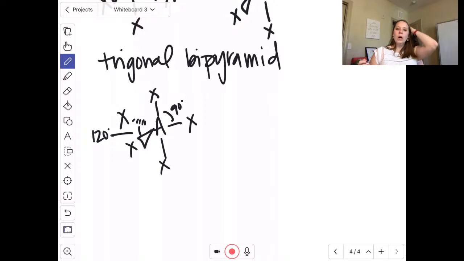So when we look at this kind of information, we can start to say, okay, this makes sense. What I don't want to see is a large molecule drawn where you've just basically subbed it out and it looks exactly like a provided Lewis dot structure.